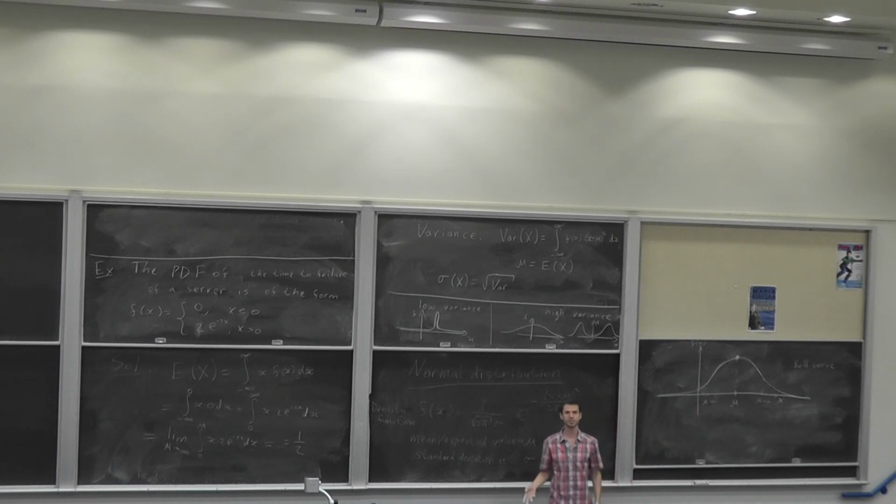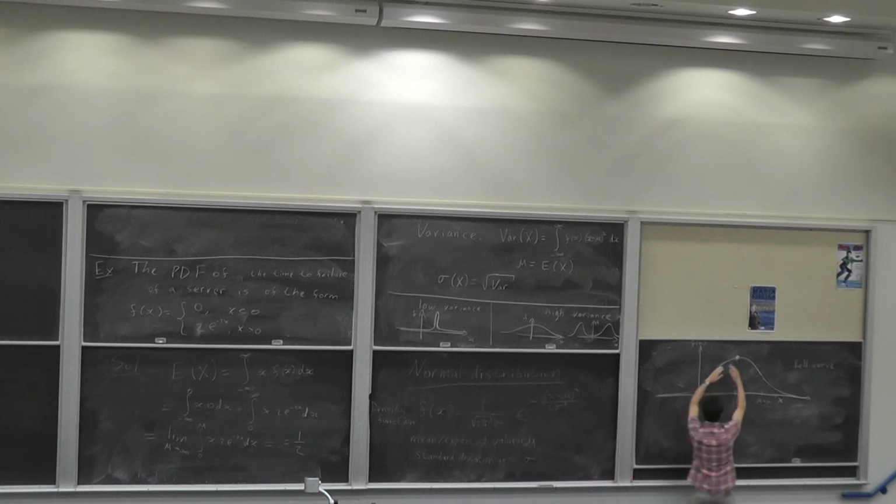For example, height is produced as a result of averaging the influence of many, many genes. So height is distributed in this way, and if you fix the gender, the height within that gender is distributed by a bell curve. Similarly for measurement errors: the measurements are usually distributed around the exact number, and then there are some errors.